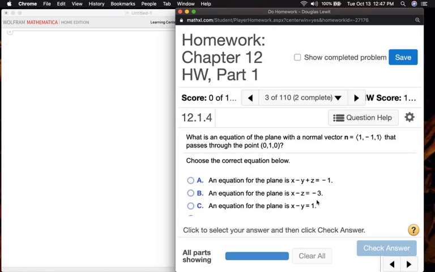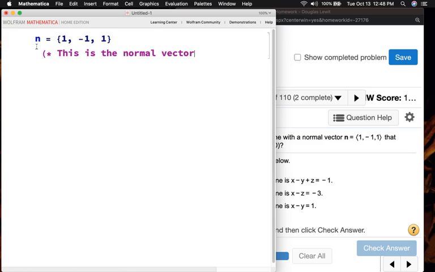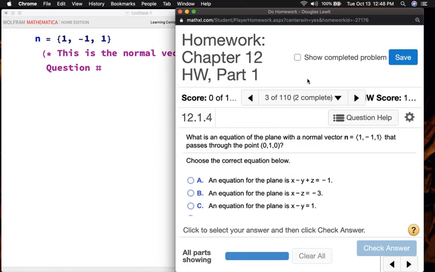What is an equation of the plane with a normal vector 1, negative 1, 1 that passes through the point 0, 1, 0? So this is going to be really easy. I have a normal vector, N equals 1, negative 1, 1. This is the normal vector for question number 3.